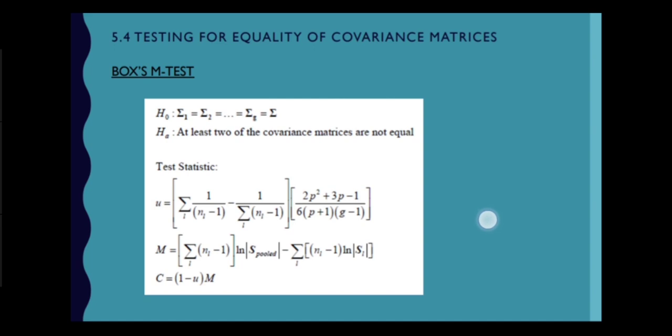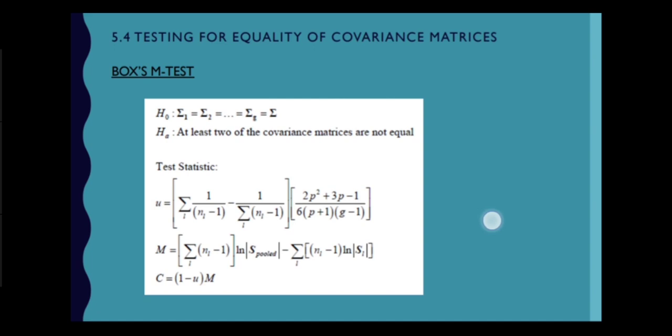The decision rule will be, we reject H naught if C is more than the chi-square with degrees of freedom p multiply p plus 1 multiply g minus 1 divided by 2. Okay, here in this slide the part of the decision rule is missing. So you can see it in your textbook page 311.